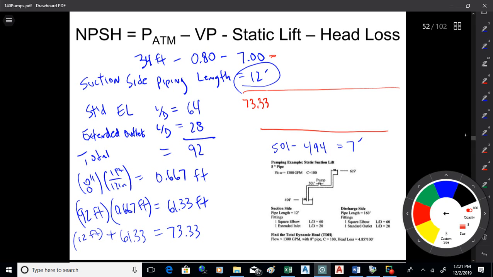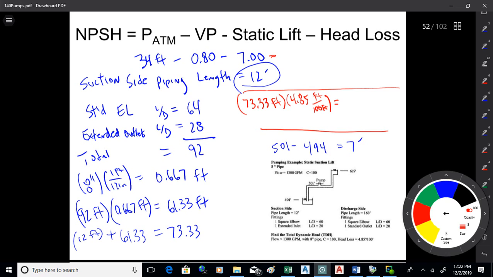So I got 73.33 feet of equivalent length of pipe. That's the pipe plus the fittings, okay? And for that size of pipe and the flow, if you look on page 108, we'll get 4.85 feet per 100 feet. So we can get the head loss then.